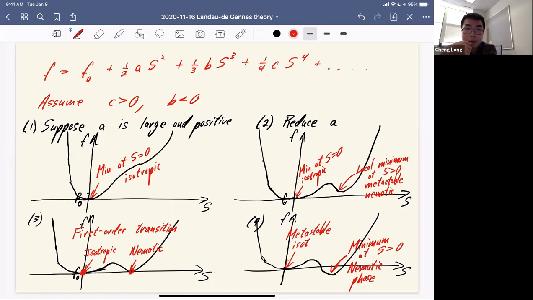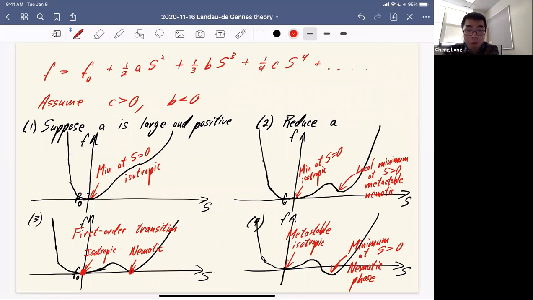Excuse me, may I ask a question? Please, please. Are you expanding the coefficient A about a temperature which is not the isotropic to nematic transition temperature?